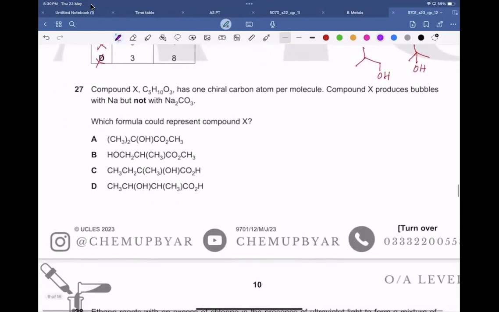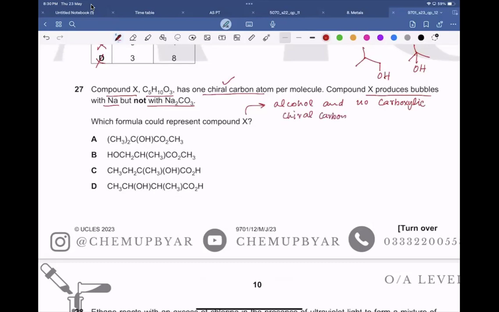Now question number 27. Compound X, C5H10O3, has 1 chiral carbon atom, very important. Compound X produces bubbles with Na but not with Na2CO3. So it means compound X has an alcohol and no carboxylic acid. And another thing that compound X must have is a chiral carbon.